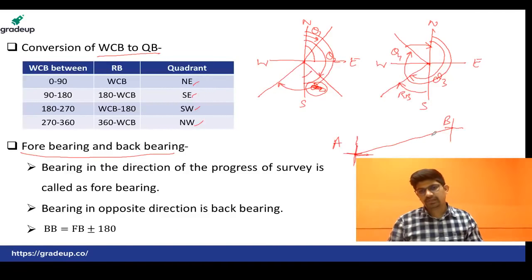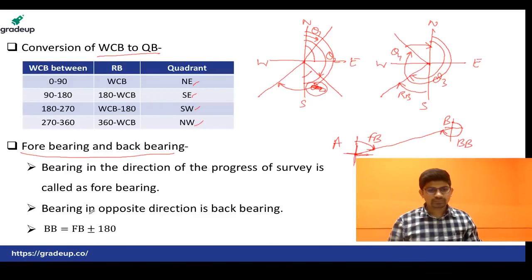We are progressing from A to B, so this bearing is the fore bearing. The bearing in the opposite direction is the back bearing. From north to the line, this is the whole circle bearing, the fore bearing, and this is the back bearing of this line.